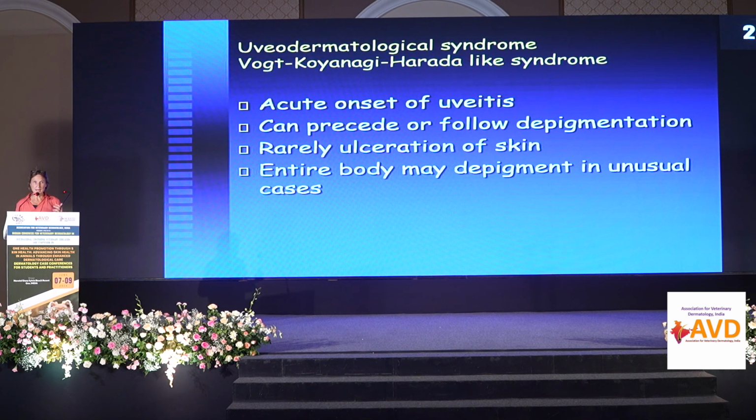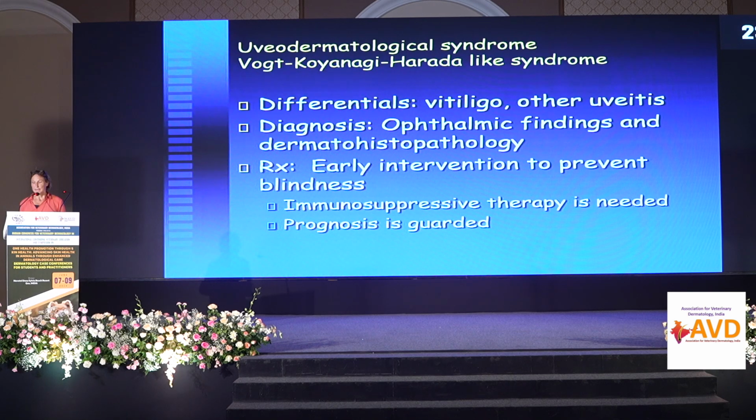So to summarize, one differential diagnosis for depigmentation is VKH, which is associated with acute onset uveitis. Sometimes, like I said, skin starts first, sometimes the eyes. And it's very important to have a prompt diagnosis, take a biopsy, and then immunosuppress these patients to minimize the ocular disease.